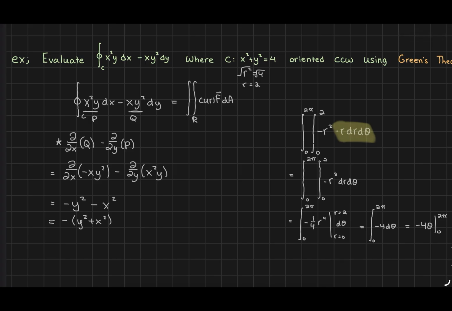It's going to need to be oriented counterclockwise. But overall, I think we have an idea that Green's theorem is a pretty good and nice way of computing more time-consuming line integrals. So I think we have one more example, so let's go ahead and get to that.